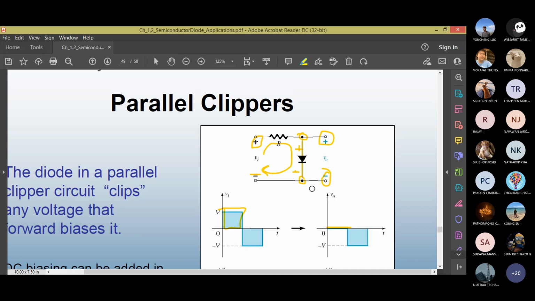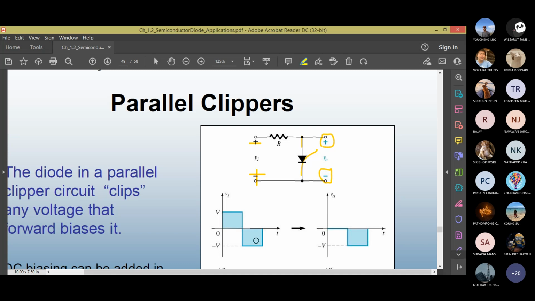During the negative half cycle, what happens? I'm going to change the polarity now. This is minus, this will be plus. Now look at the situation, diode on or off? Off. Reverse bias, diode is off. In the middle, there's no current. So if you put a probe, Vout, with red and black, you're going to sense the minus voltage here, because this is the red probe of the voltmeter. This is the ground probe or the black probe.